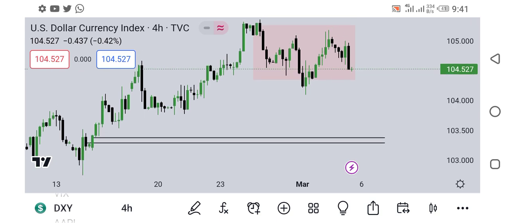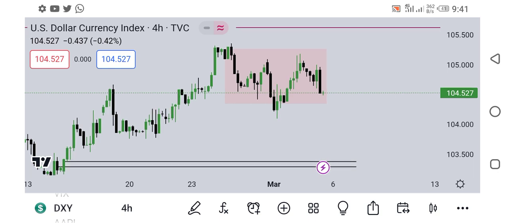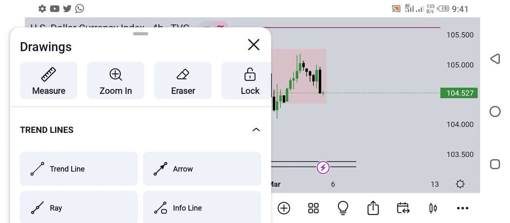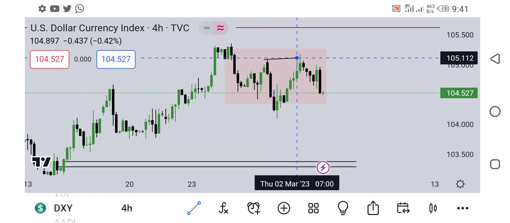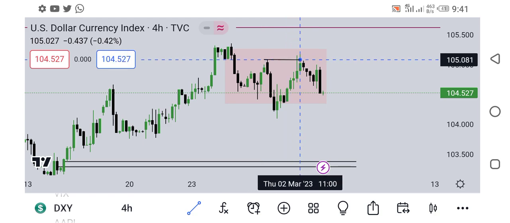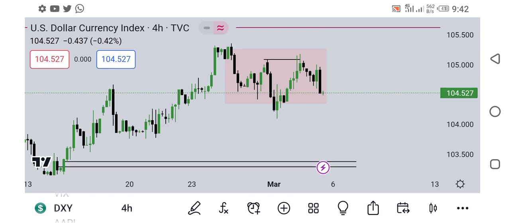If you look at the current price action now, we can say this is buy side liquidity being taken, so we can expect the market to aim for lows with what it's doing currently.